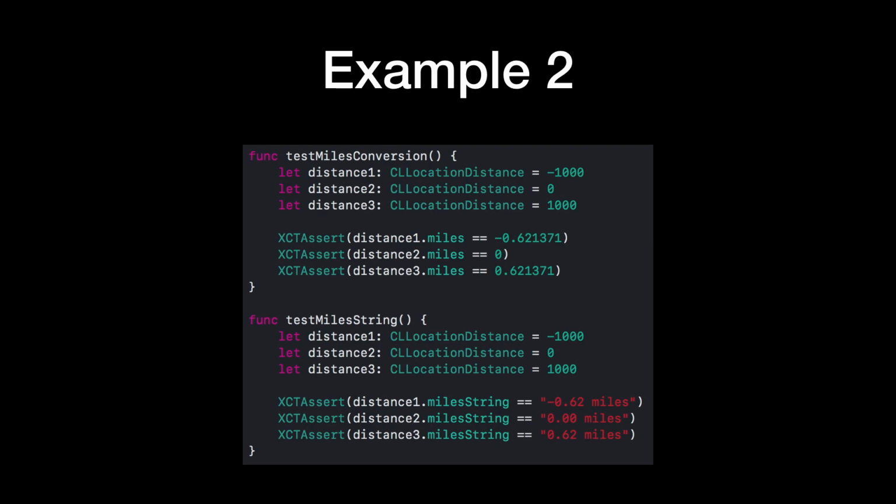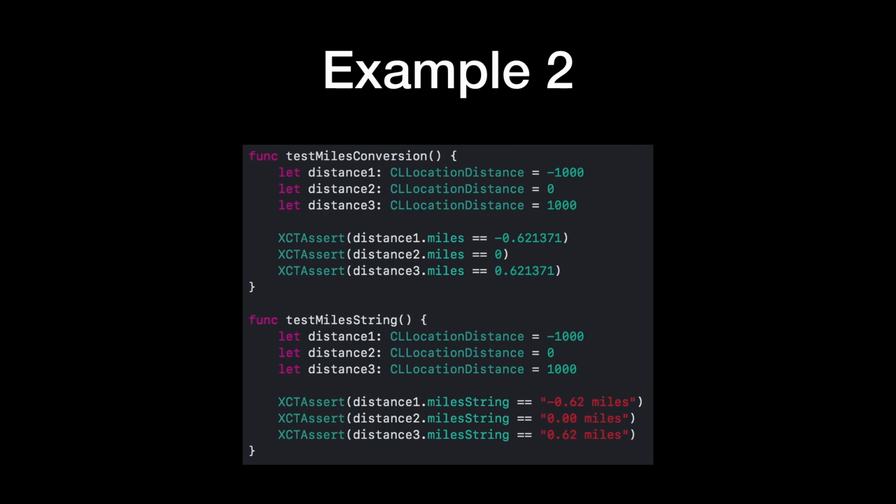So here we have a few distances in meters, and we are just verifying that the computed property will output the expected result, converting to miles. And then the same thing, taking that miles value and inserting it into a string.